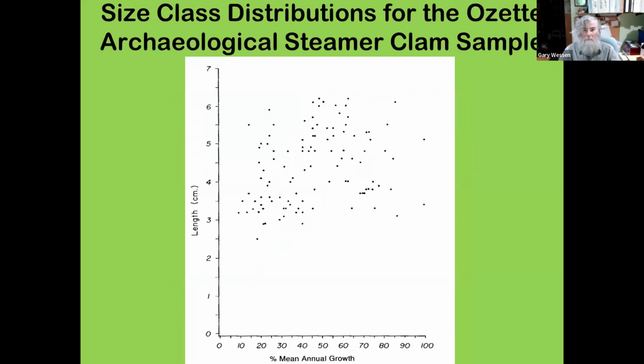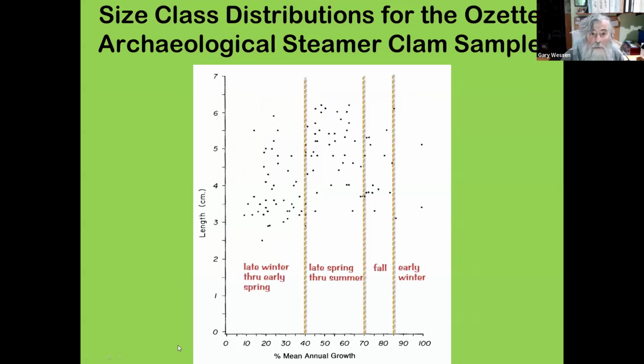Okay, now here I've taken the same 120 samples that I have seasons on, and the bottom here is the ring growth. So here's our percent of ring growth. And here I've now taken the size classes for the steamers, and I've cross-cut the steamer size with the ring growth. And here is the distribution that results.